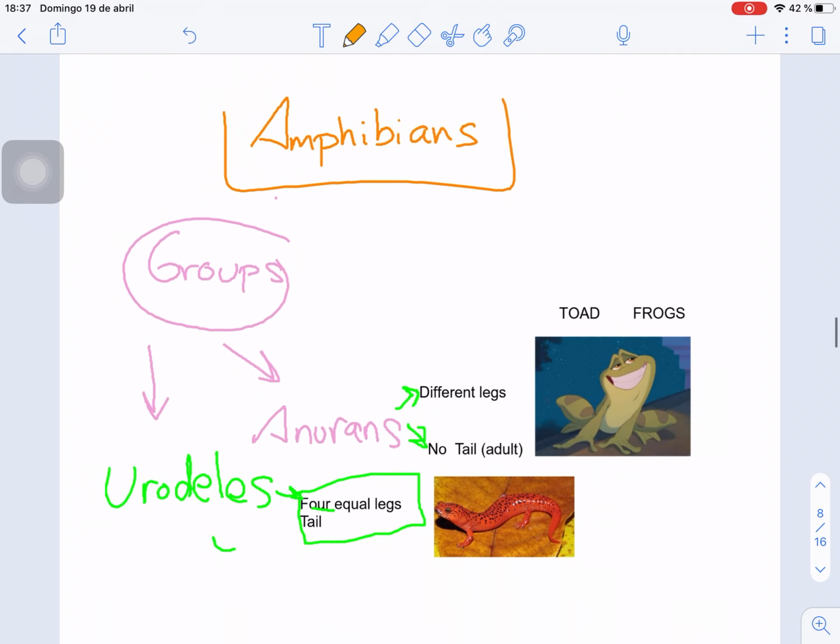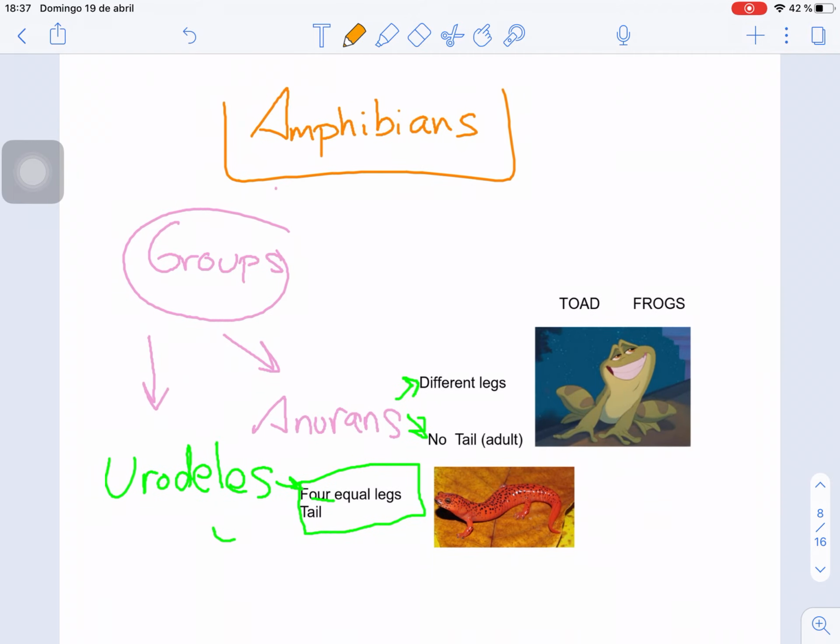The next group are called amphibians. In this group, remember, they live inside the water, and later they live on land, but they are not totally independent from water. They have to lay the eggs in the water.